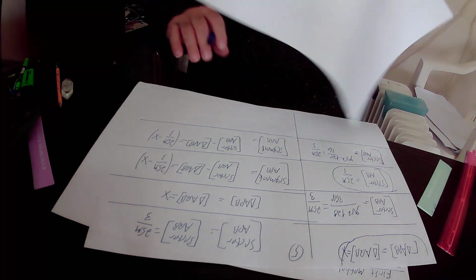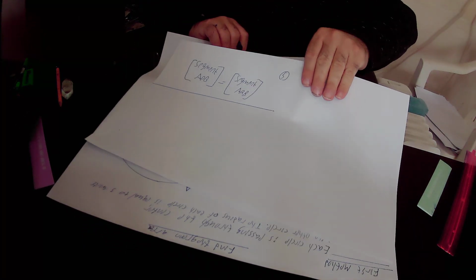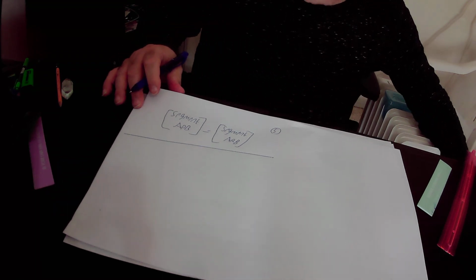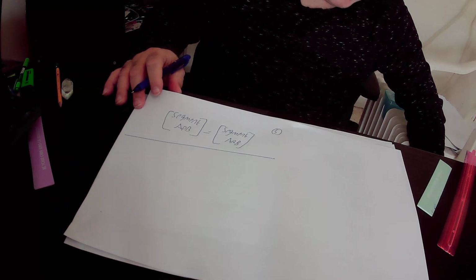I'll repeat again. We conclude that the area of segment APB is equal to the area of segment AQB.